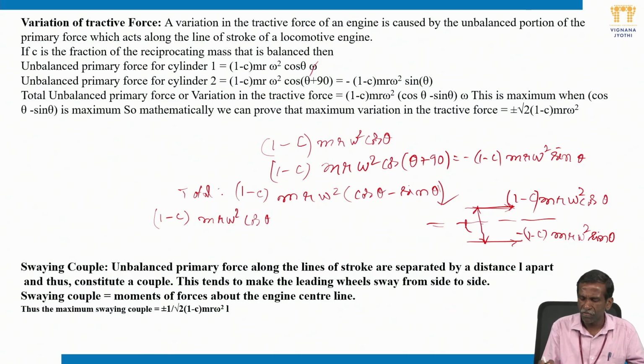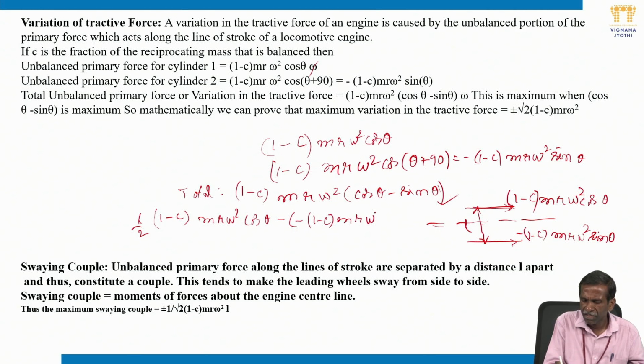So the swaying couple magnitude is L by 2 (1 minus C) m r omega square cos theta minus (1 minus C) m r omega square sin theta. Obviously, you get L into (1 minus C) m r omega square (cos theta plus sin theta).